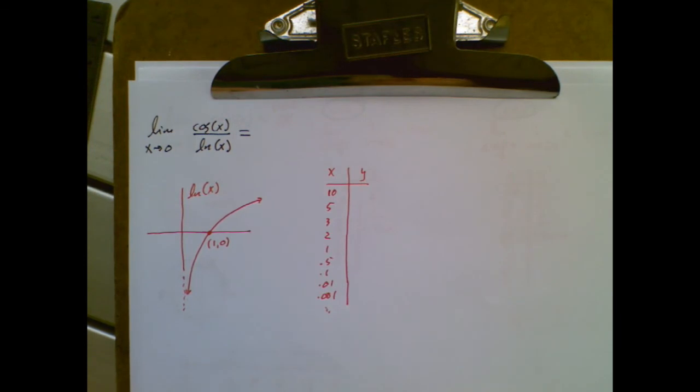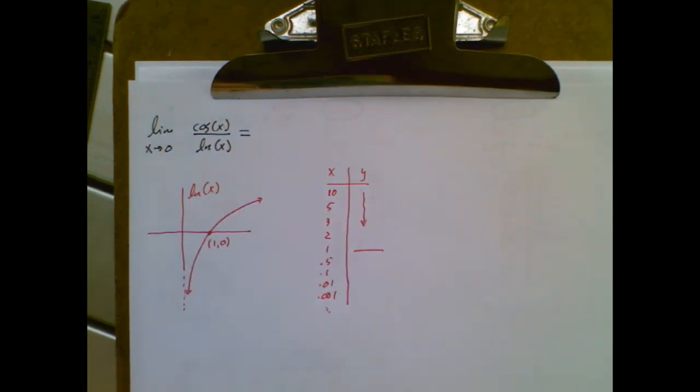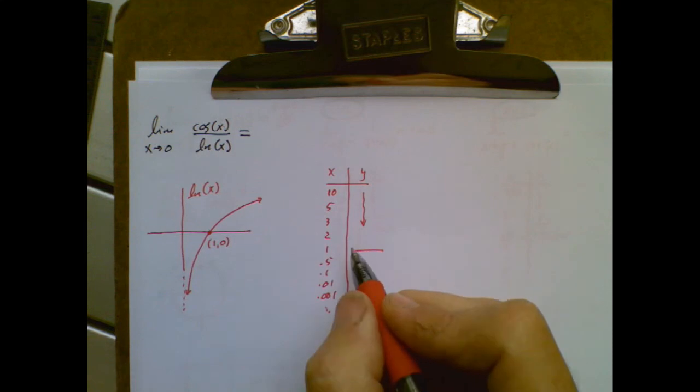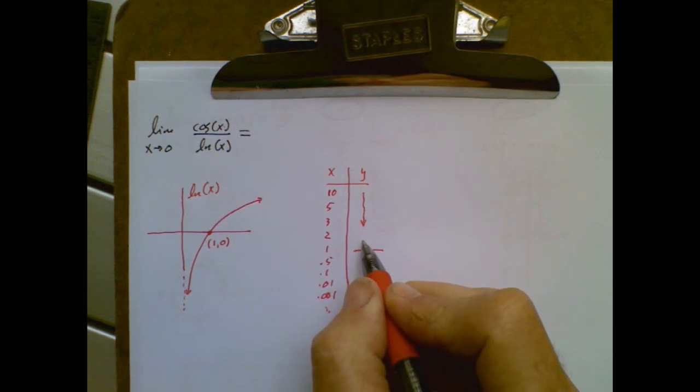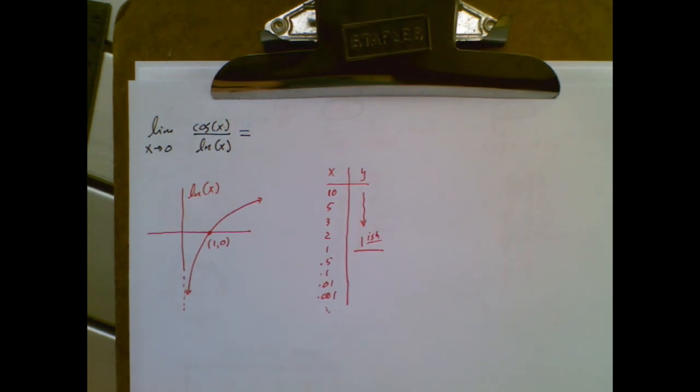Now what's happening as I close in on 0? It's kind of tough, but as I close in on 0, this is really the only area I care about. Cosine of 0 is closing in on 1. I'll say 1-ish, because it never really gets to 1, because we never really get to 0.